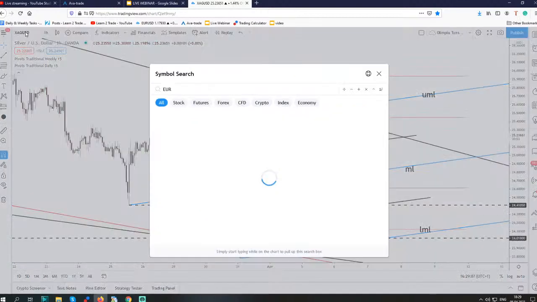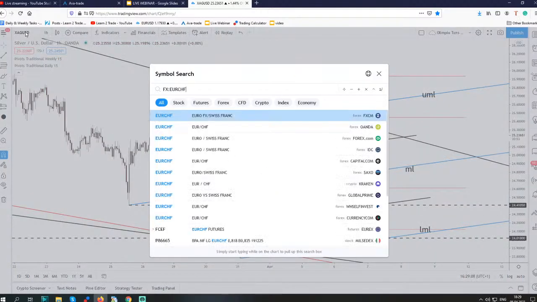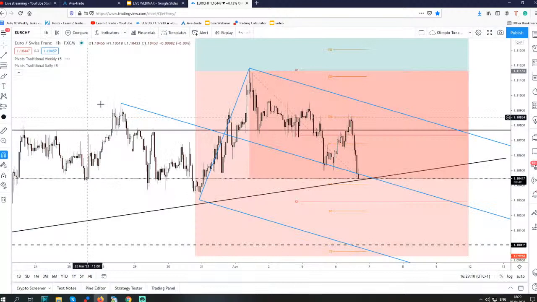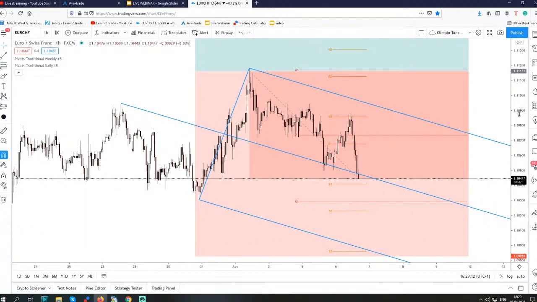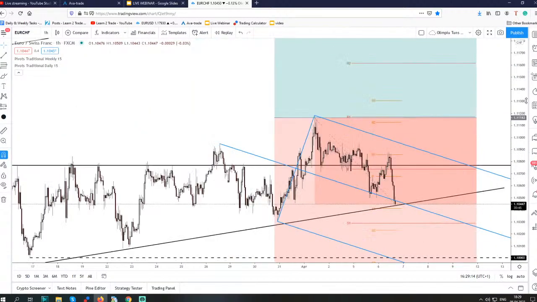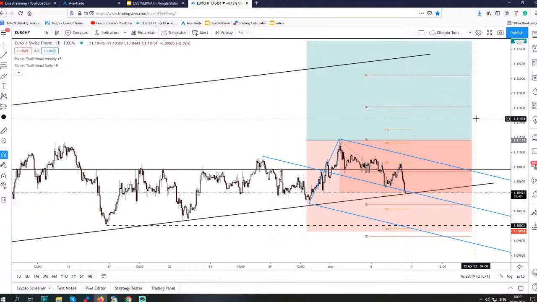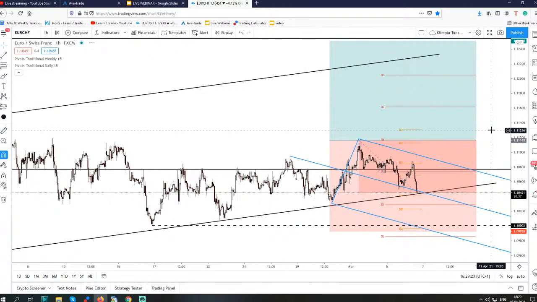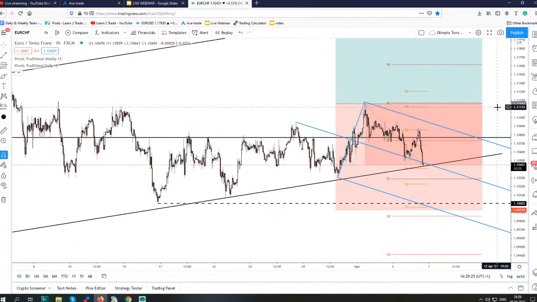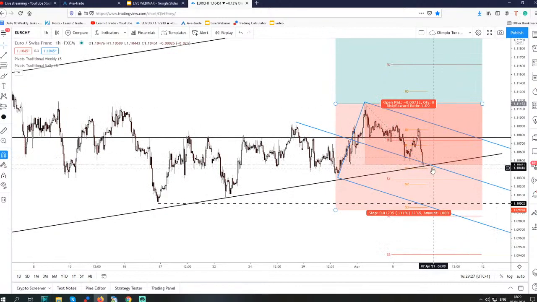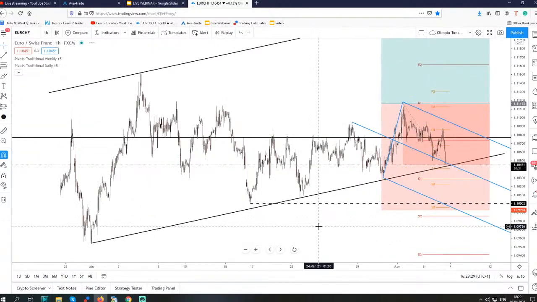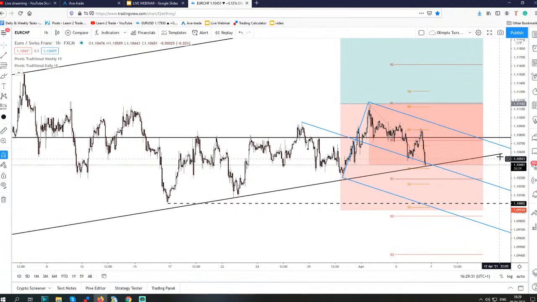Euro versus the Swiss franc. Yes, the price, we have here a long position. Yes, the price decreased significantly again today, and now it has reached a critical support area.